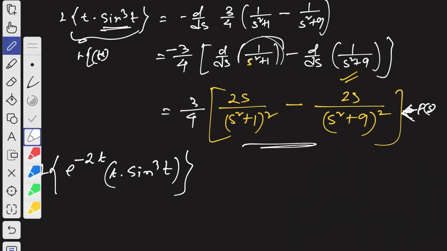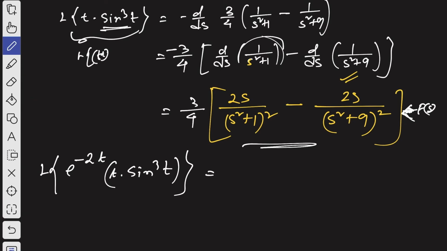Now, let me clean this. Then what you will get? Then you should get 3 by 4 2s. Instead of s, we will get s minus minus 2. That's going to be s plus 2, right?